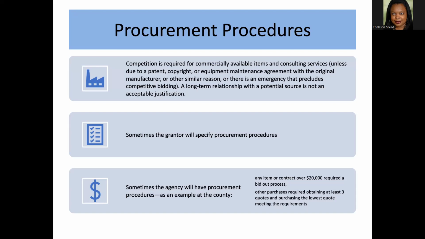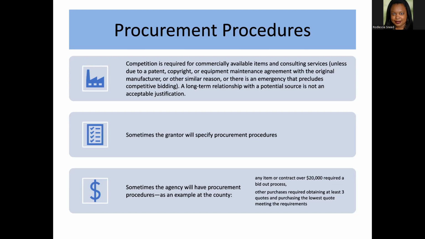Now, sometimes the grantor will specify procurement procedures, but more typically they want to be assured that you've got a reasonable procurement process similar to what I have discussed that the county had in place. So they had a procedure for purchasing based upon particular dollar amounts.